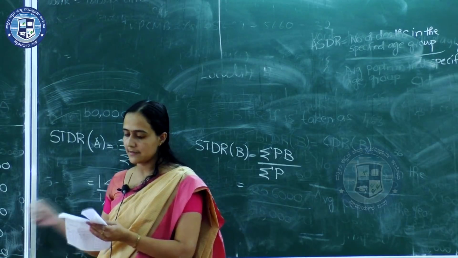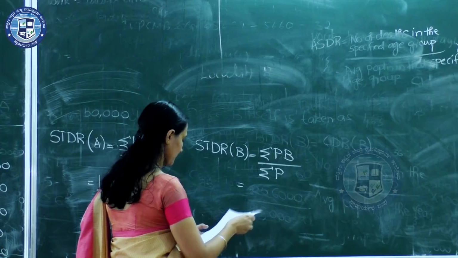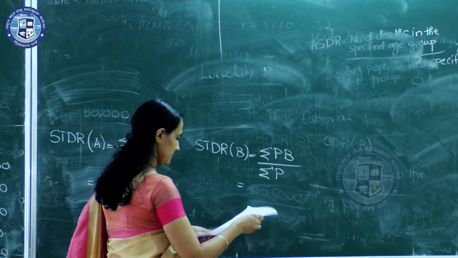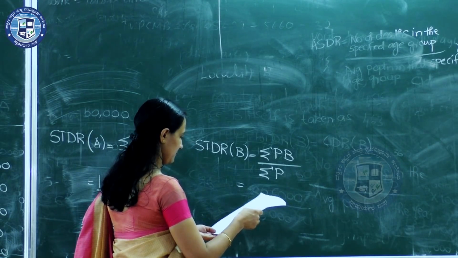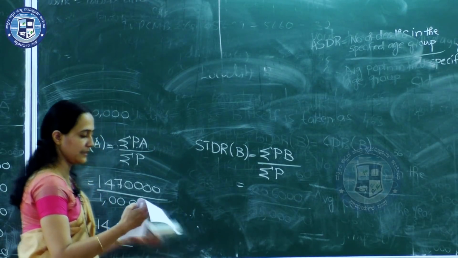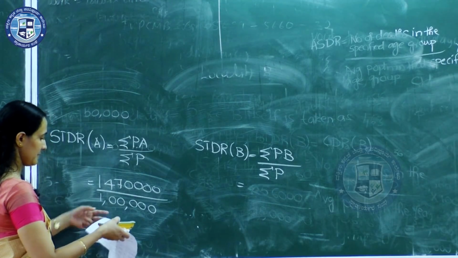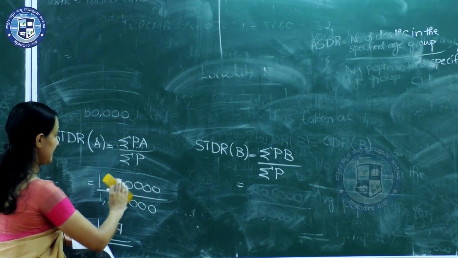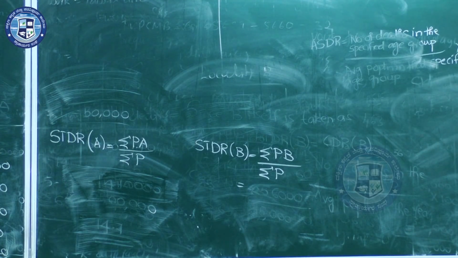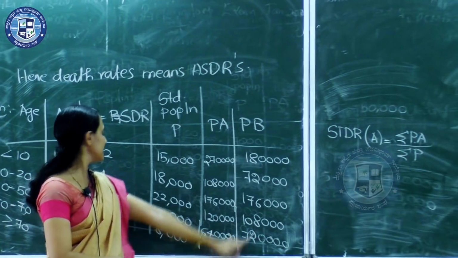Sorry, again I was wrong, this is the column total. Sigma PA means this one plus this one plus this one plus this one plus this one, the total.